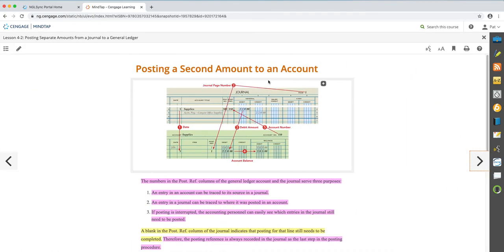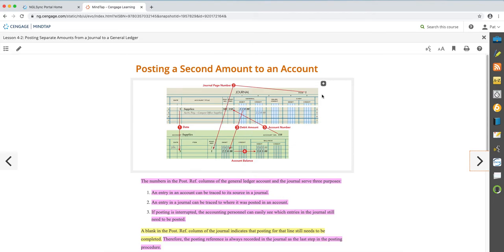Posting a second amount to an account. So if we have supplies here, and we're going to be putting another one in there, we want to do this in the exact order. We're in chronological order, so date, page number. We have $220 debit, so we put it to debit. So debit plus a debit, 165 plus 220 equals 385. They're talking about why this post-reference column is done.